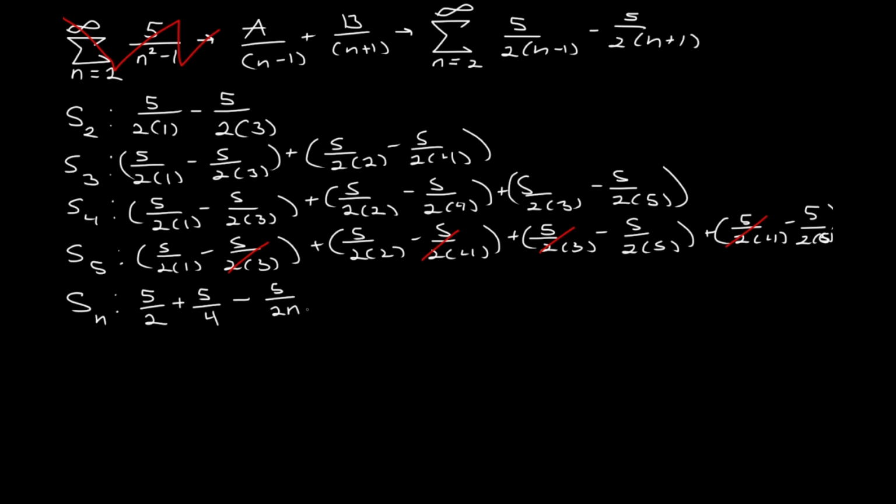So 2n. And this fraction over here, negative 5 divided by 2 times 6. This is 1 plus the 5. So we have 5 divided by 2 times n plus 1. Great.